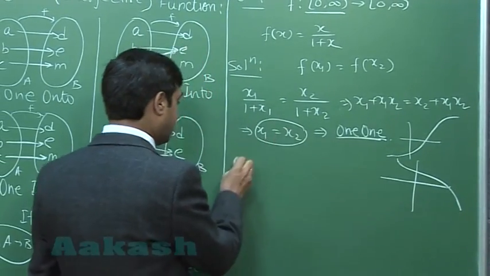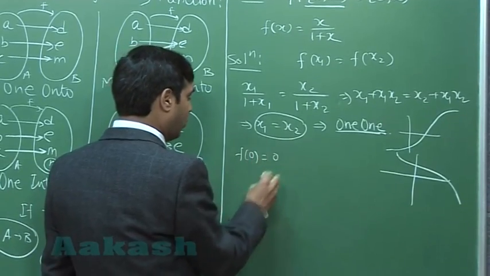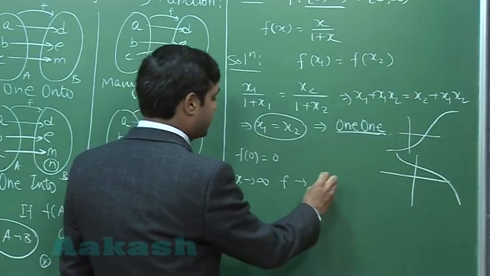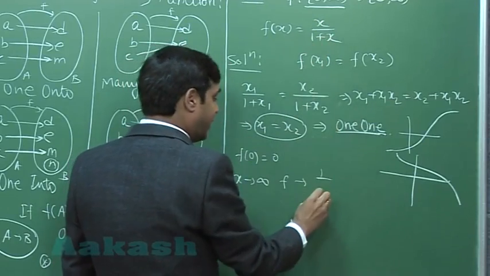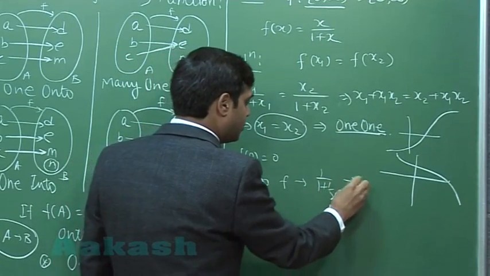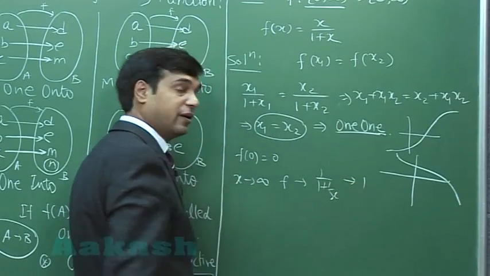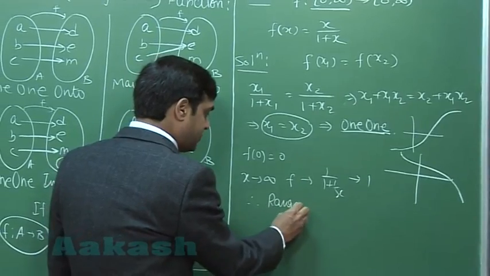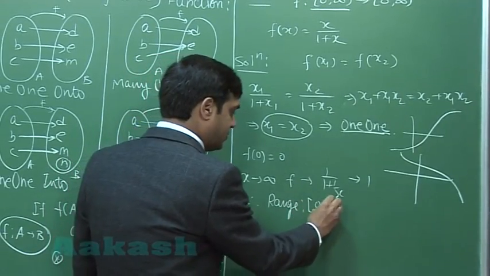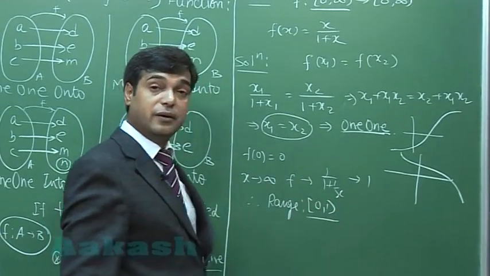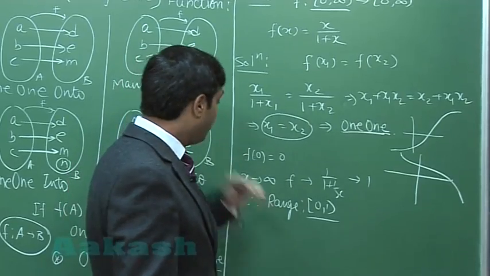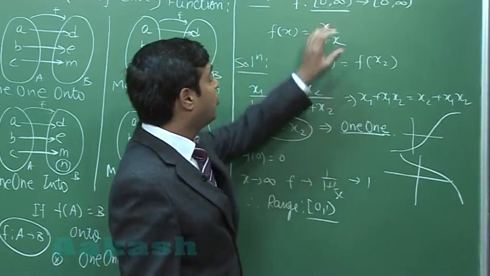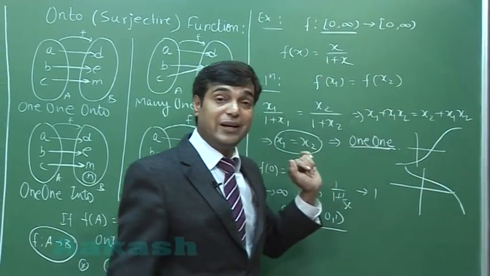So here we see f(0) is 0, and as x approaches infinity, f approaches, we can divide by x, so we find that it is approaching 1. Therefore, the range of the function comes out as 0 to 1, open at 1. That is clear. So now we have the range of this function as 0 to 1, while the codomain was given to me as 0 to infinity.